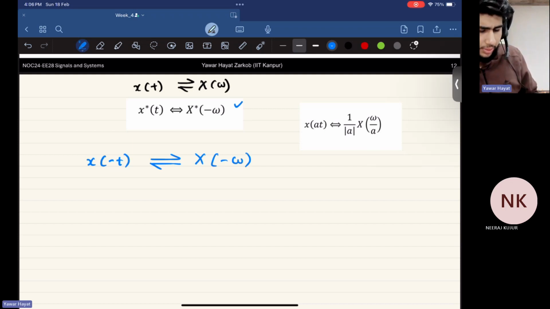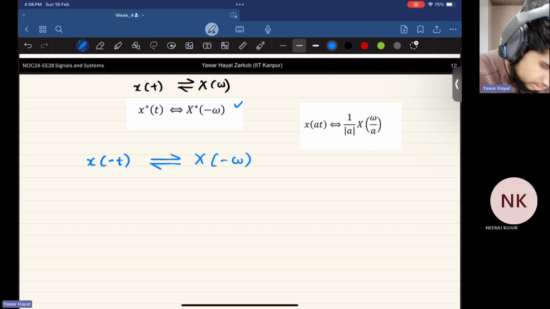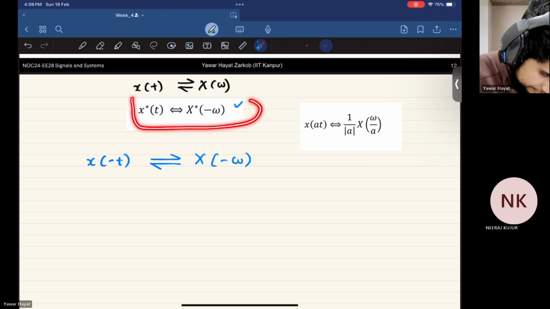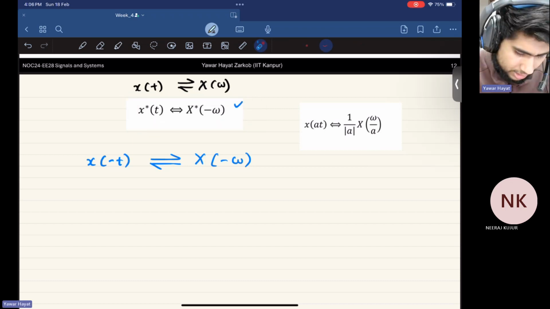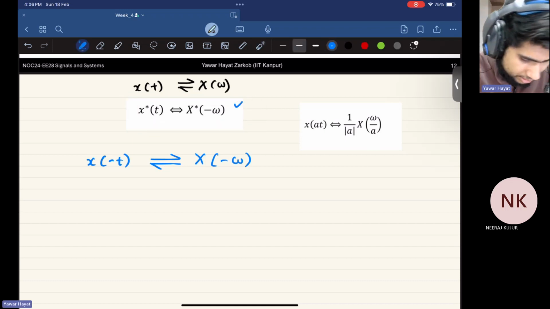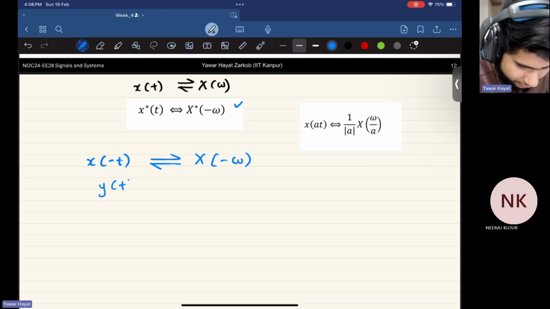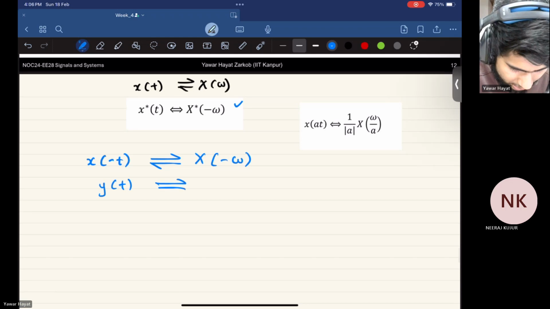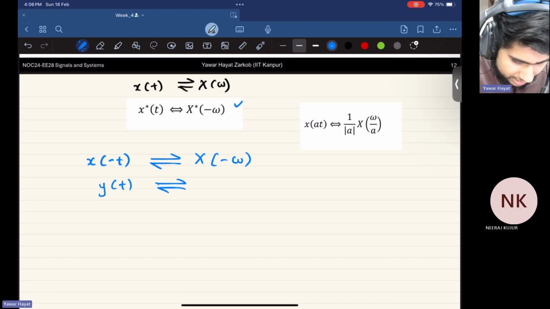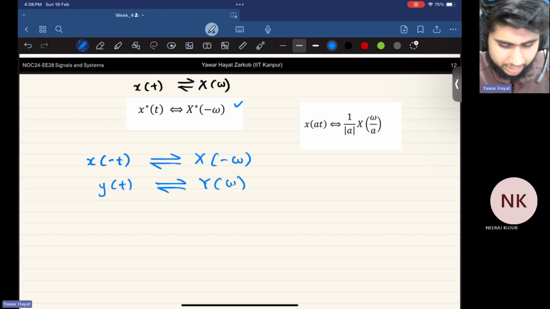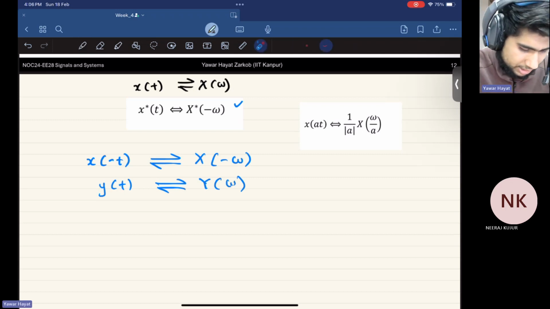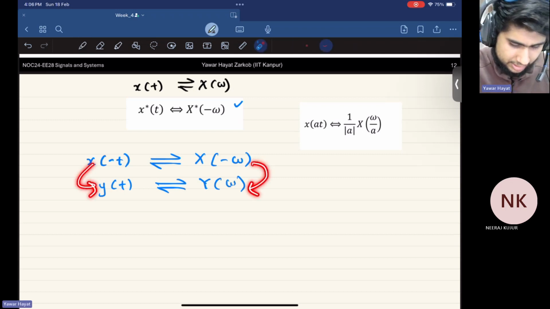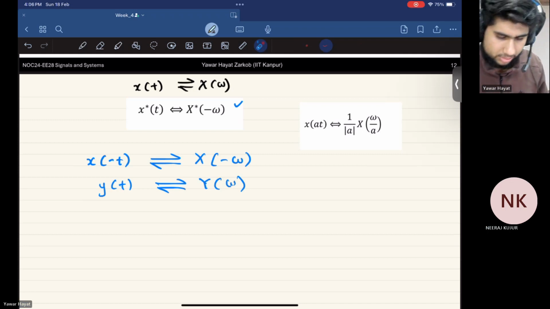Now what I'll do is I'll use this property. Suppose this x of minus t was, say, y of t, and x of minus omega is y of omega. I'm saying replace this by this and this by this. I can do that.